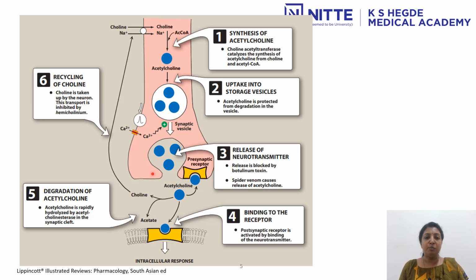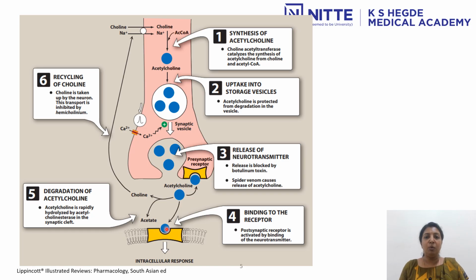They go and fuse with the terminal membrane of the cholinergic nerve ending, and there will be release of the neurotransmitter, acetylcholine, into the synaptic cleft. This is the synaptic cleft. Once it is released, it can go and bind to the postsynaptic receptors on the effector organs.